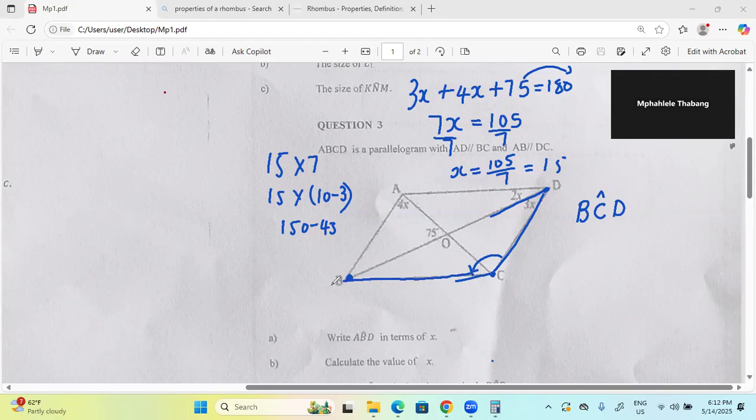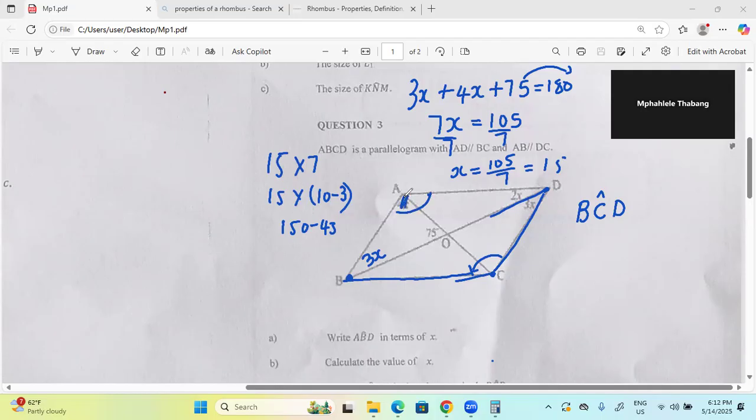Okay, how do we find the magnitude of this angle? Here, remember I said this one is 3x. So what is this angle A in terms of x?